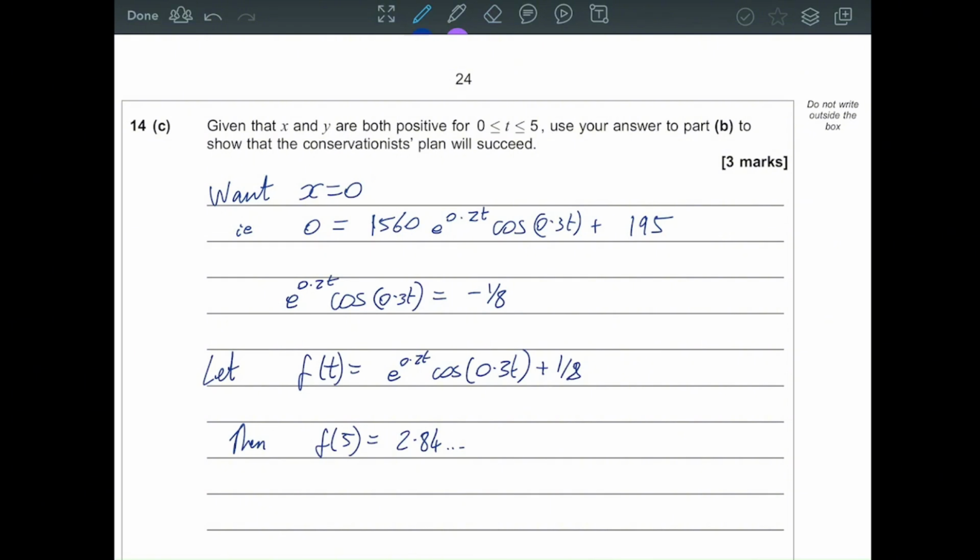So let's think about the cos curve. The cos curve starts at 1 and goes negative at pi by 2. And then it goes positive again at 3 pi by 2. Now that's awkward because that's still in the 0 to 5 years.